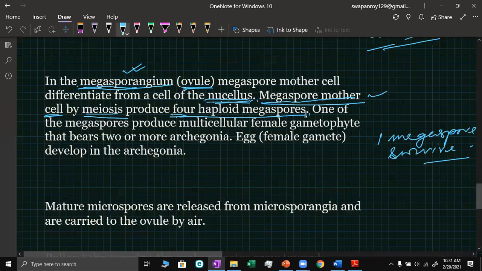This megaspore divides and gives rise to the female gametophyte.